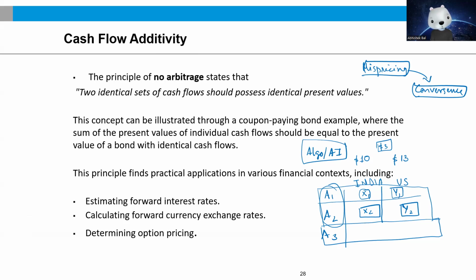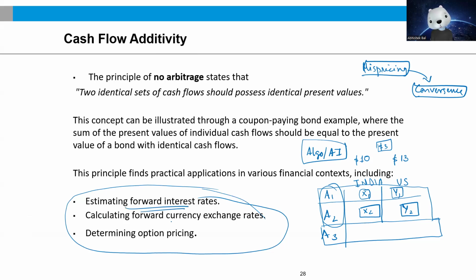Nevertheless, so far as our curriculum pertaining to the quantitative methods is concerned, we are going to intentionally use the opportunities of arbitrage and mispricing in order to glean out these learnings as well. For example, the forward interest rates, currency exchange, and the option pricing as well.